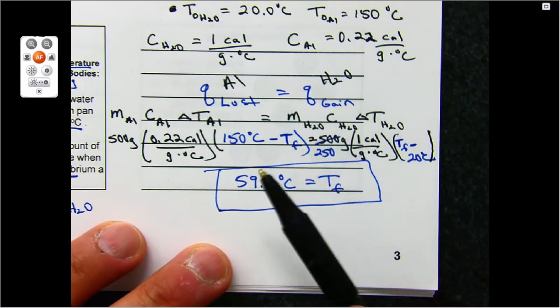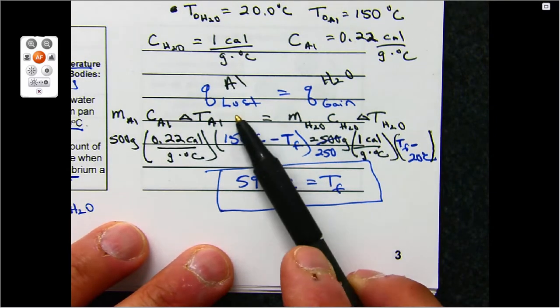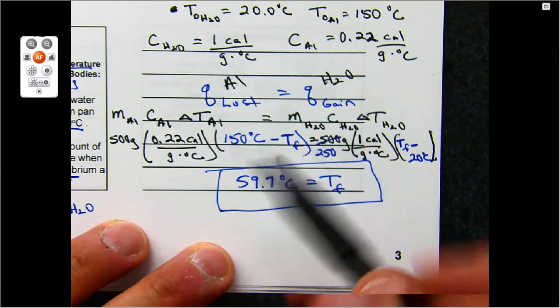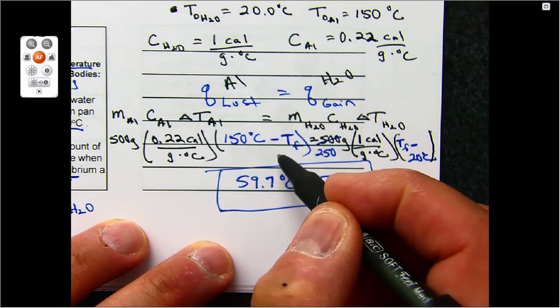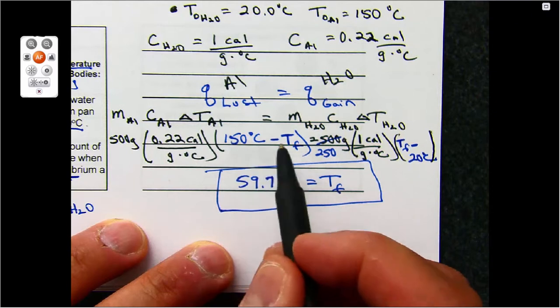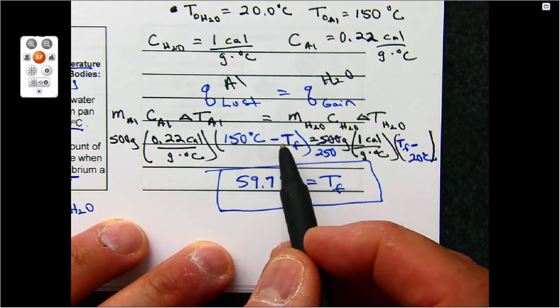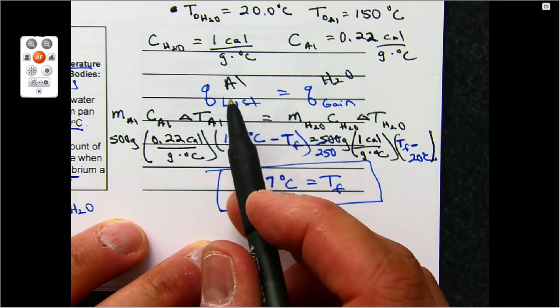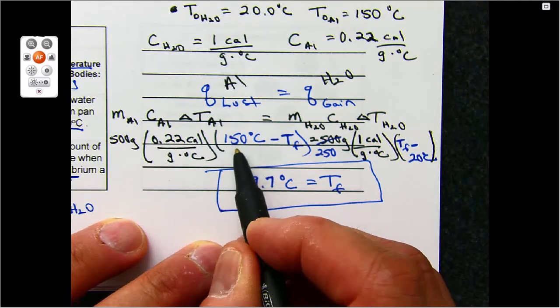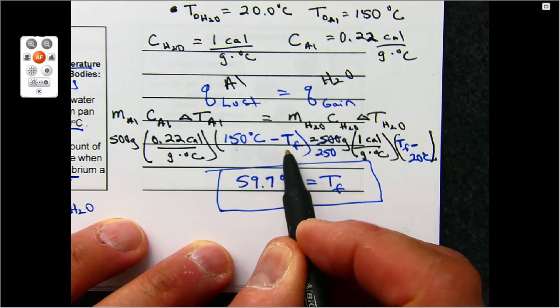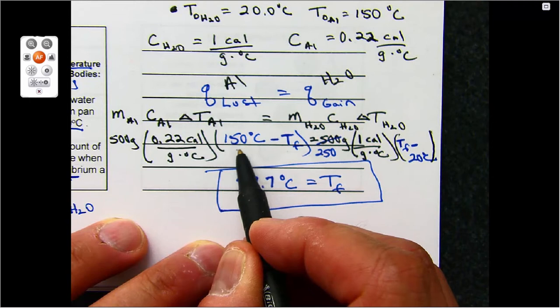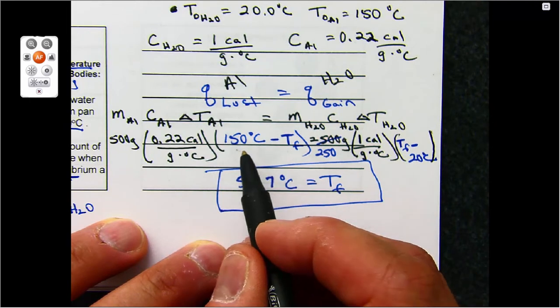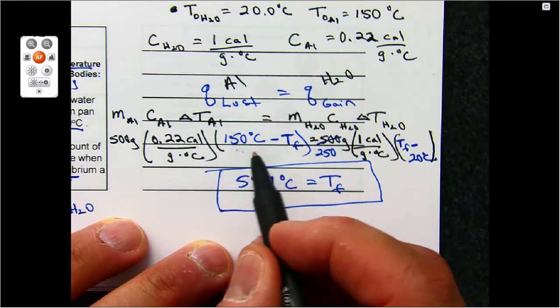Now, you just got to reason this out. If this is going to lose heat, you want to keep this quantity in parentheses, your change in temperature, a final number. So you know, since this is going to lose heat, if it starts at 150, T final is going to be less than 150. So that when you subtract it from 150, you get a positive number here, correct?